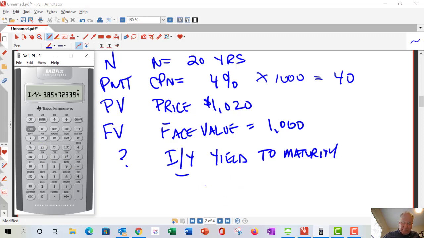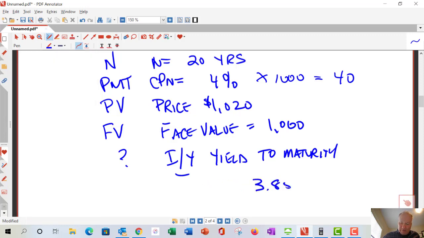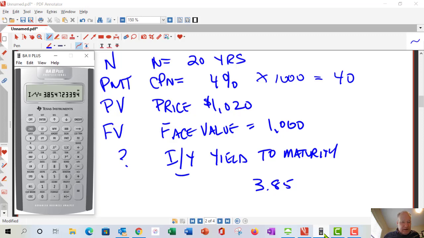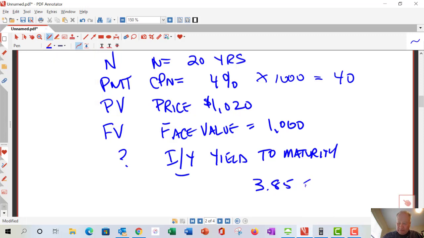Usually with decimals you want to go to 4 places, so 3.8547. So whatever, if you want to go to 3.855, that would work too. So this is in percent, of course. That's our yield to maturity.